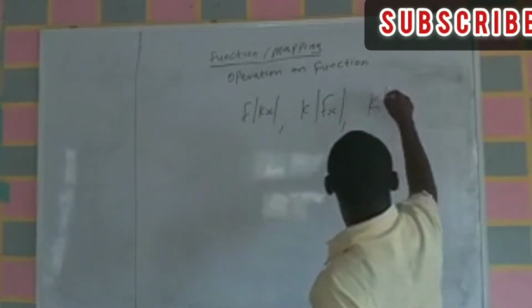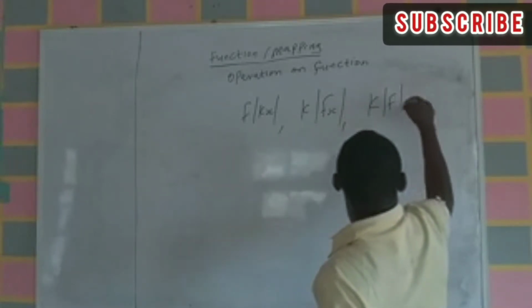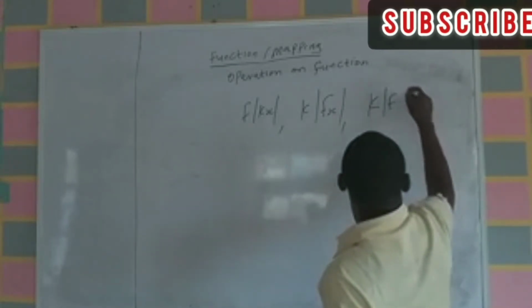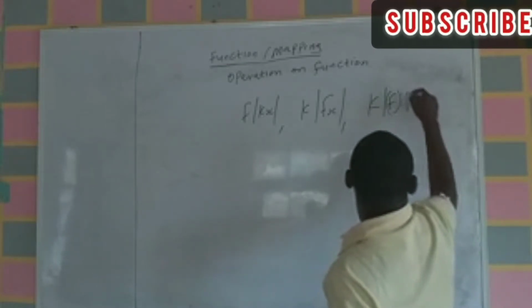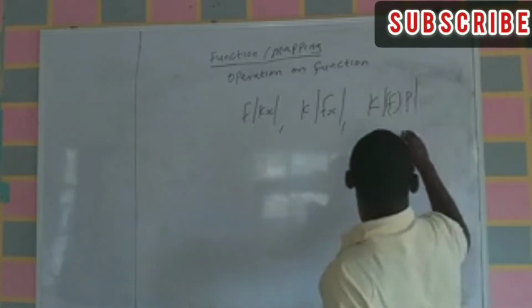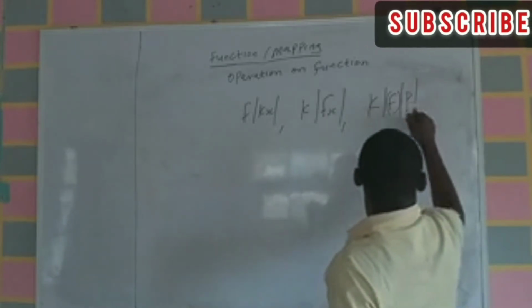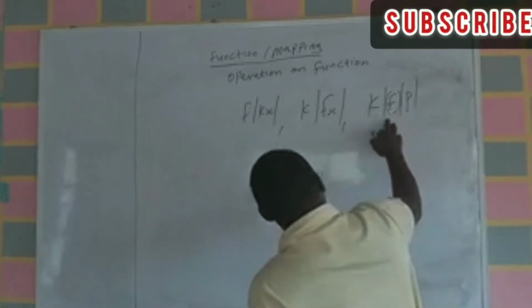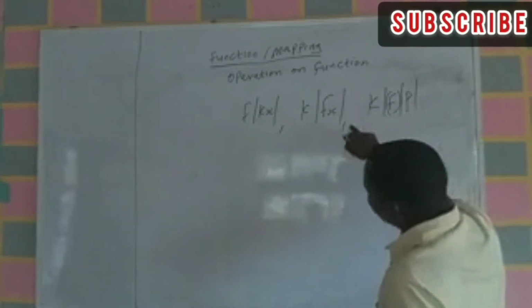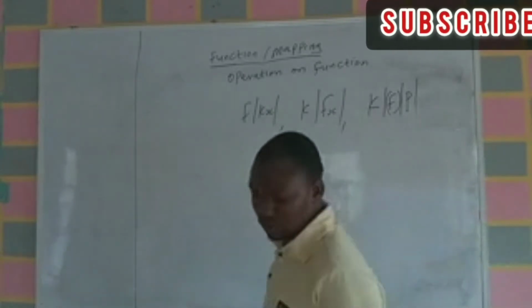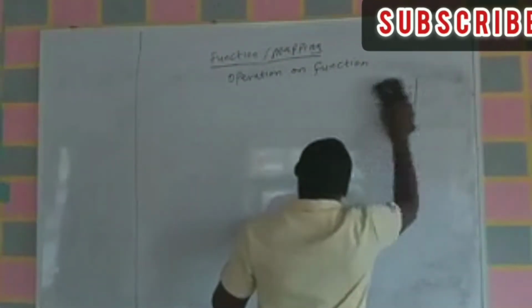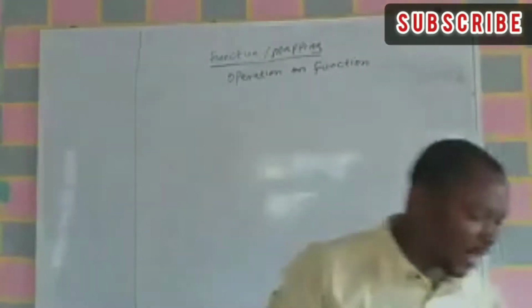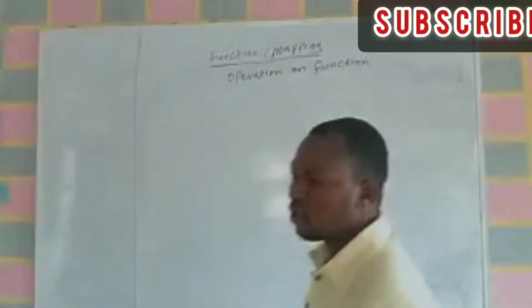You can also have k of f of p. So just pick this, substitute it for f, and pick f for p. So we are going to take some examples now, so that you will be able to handle questions on composite function.